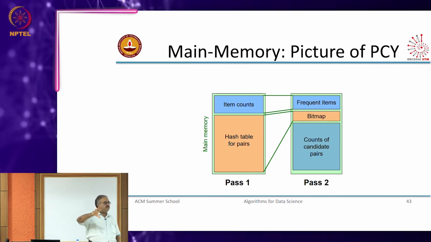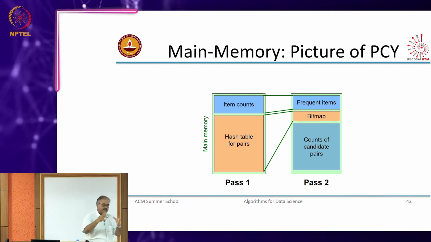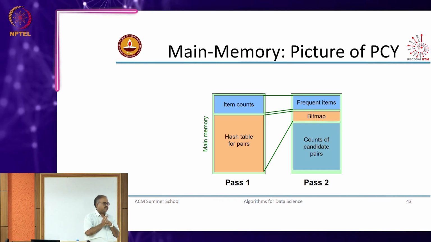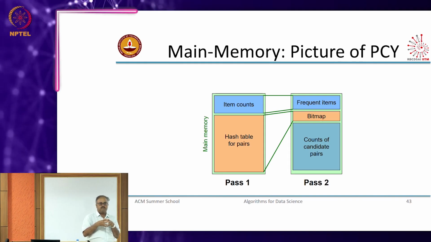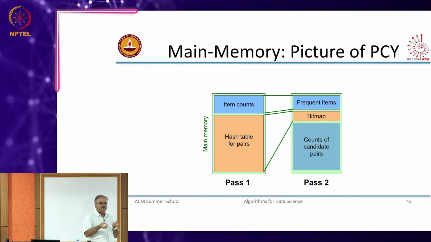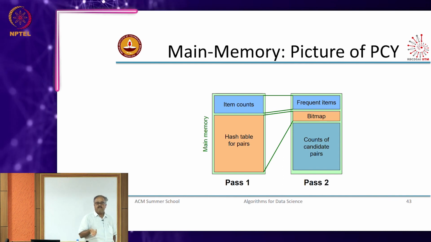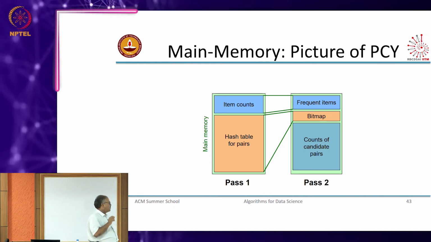That limits the number of buckets that you can have in memory. Therefore, if the number of buckets becomes smaller, then there is more chance of collisions happening. And if you have more collisions, you have more chance that buckets will become frequent even without a truly frequent pair mapping to that bucket. So that is a problem, right.